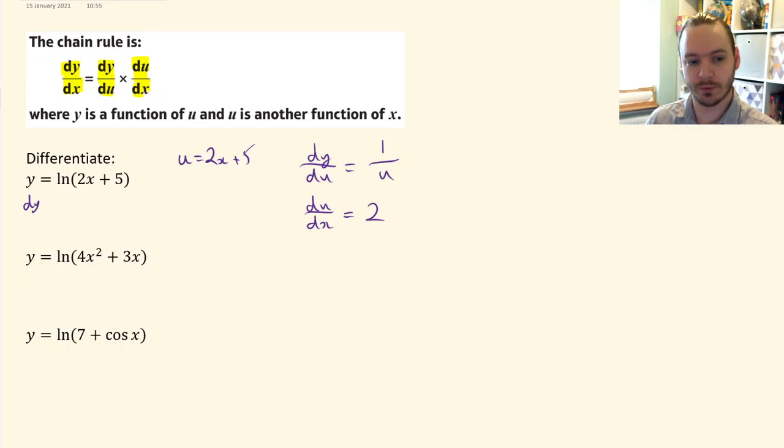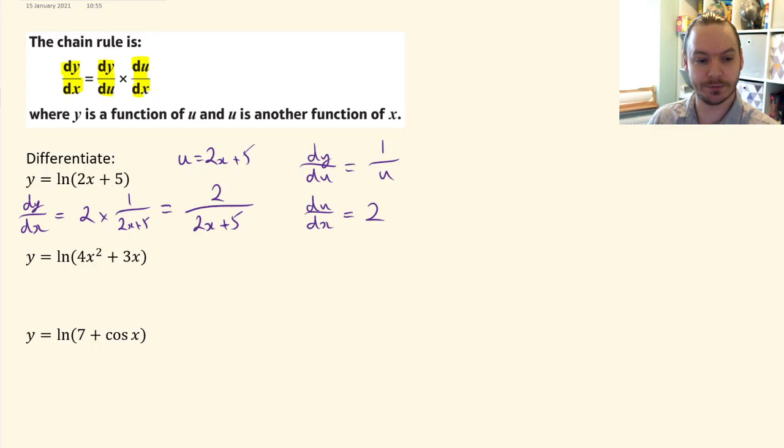So dy by dx is just 2 lots of 1 over u, which is 2x plus 5. Or we could just write this as 2 over 2x plus 5. Not super difficult.